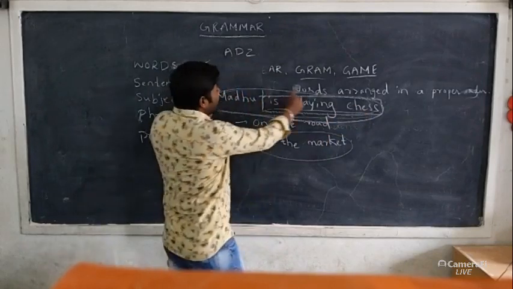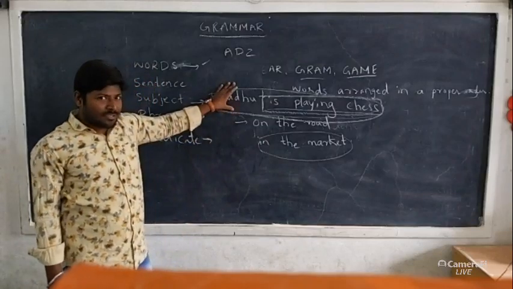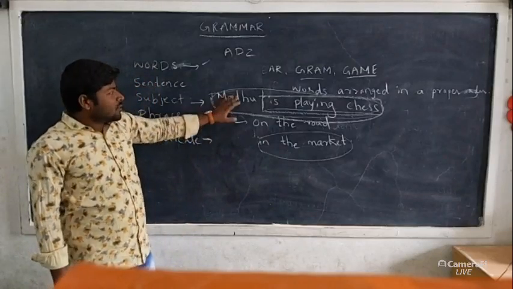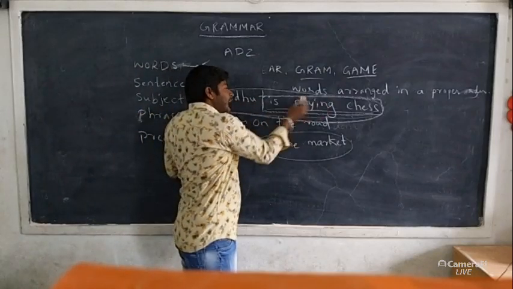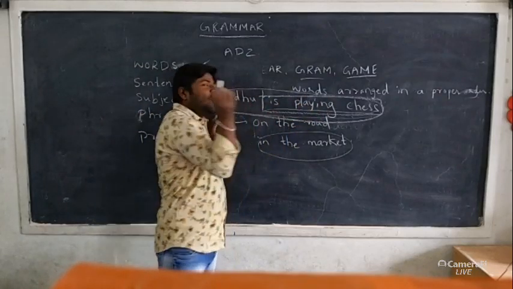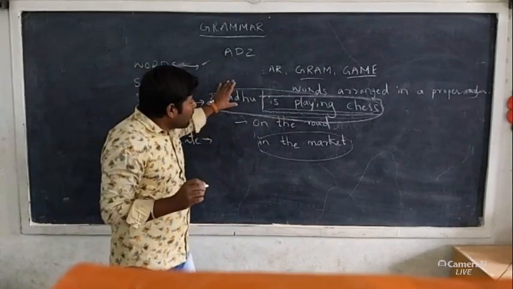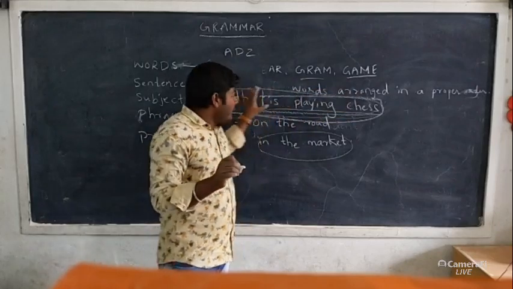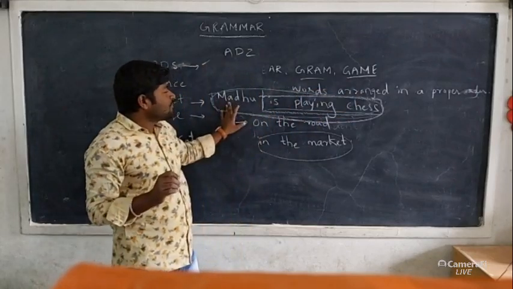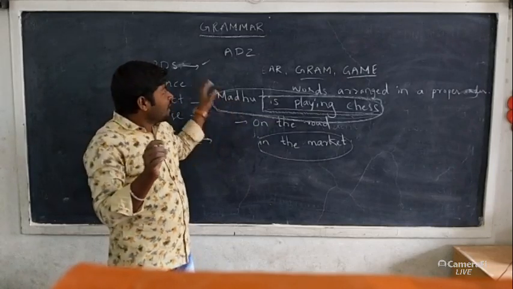This is called a sentence. Just now we learned what a sentence is. A sentence is nothing but a group of words arranged in a meaningful order. What is a word?